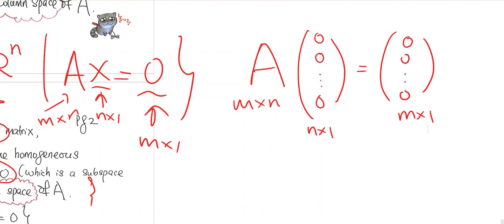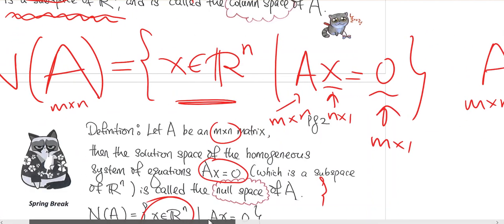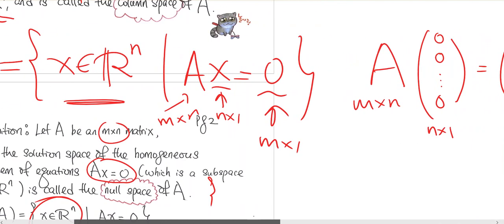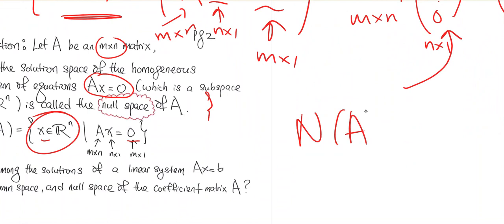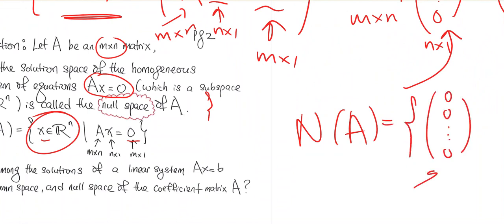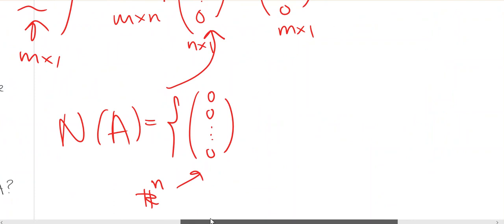So this is one of the solutions that will make Ax equal to 0. So the null space of A always contains a 0 vector. This is a 0 vector in Rn. It might contain some other vectors, but it will definitely contain this vector.